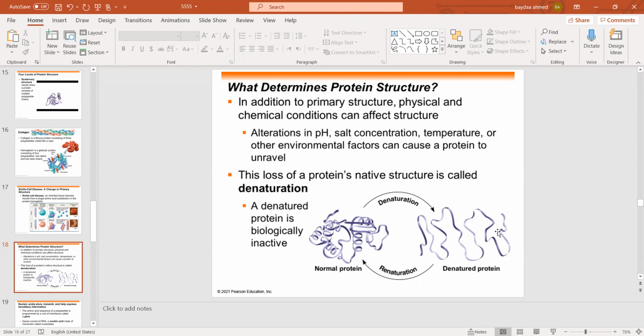For example, the white of an egg becomes opaque during cooking because the denatured proteins are insoluble and solidify. This also explains why excessively high fevers can be fatal: proteins in the blood tend to denature at a very high temperature.